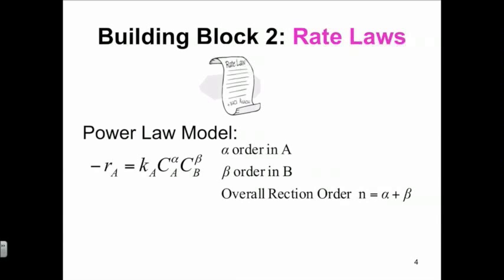So if we had a reaction such that A plus B goes to C, this might be the forward rate law for this reaction. We say that this rate law is alpha order in A, beta order in B, and the overall reaction order, n, is equal to the sum of alpha plus beta.